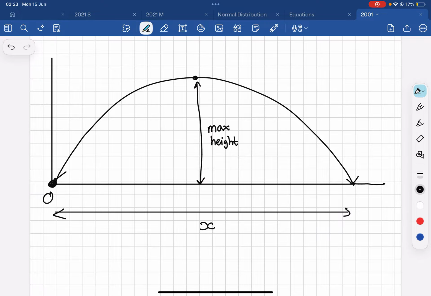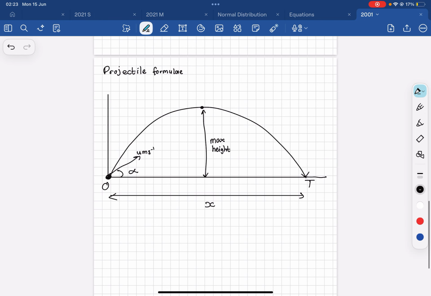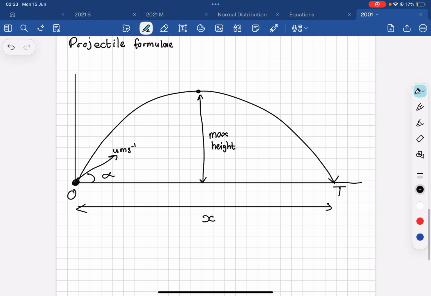We said it's projected at u meters per second at, let's say, an angle alpha to the horizontal, and this is time t. So time t is when it hits back level with the surface it was projected from.